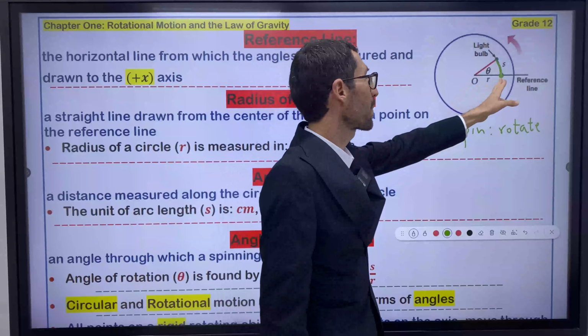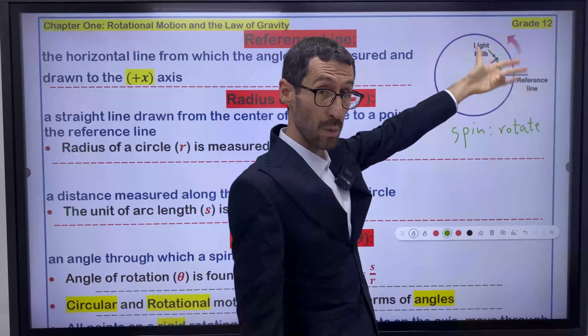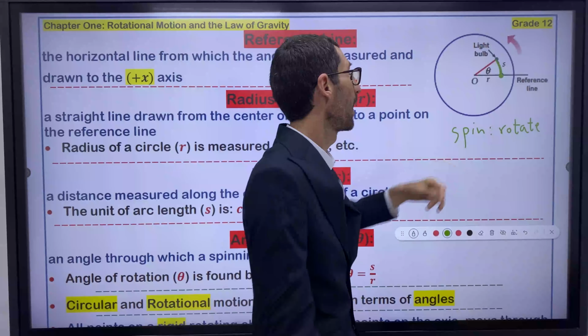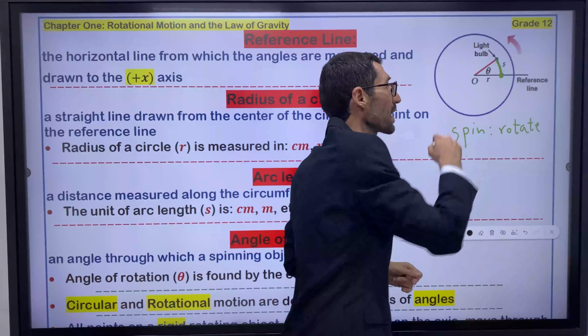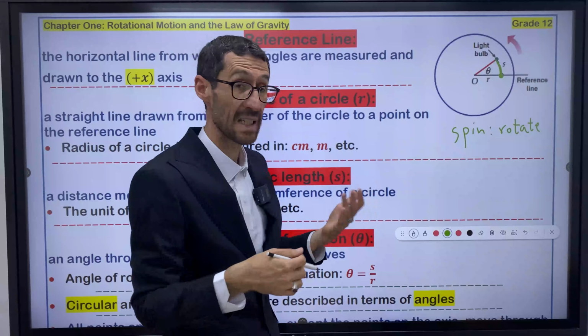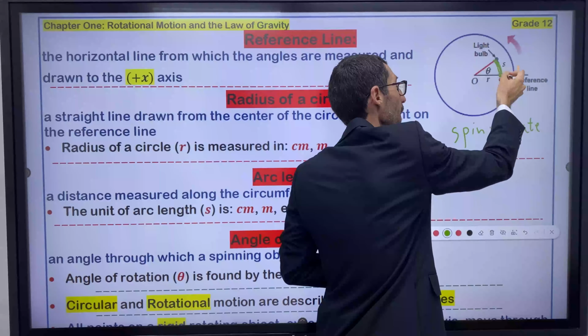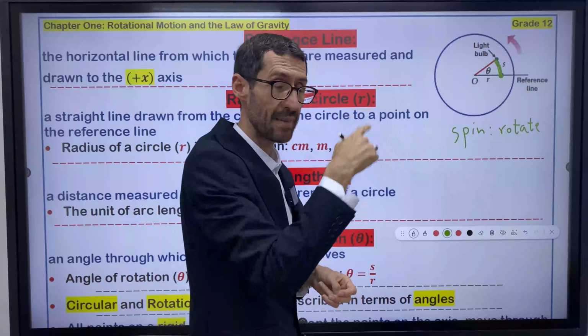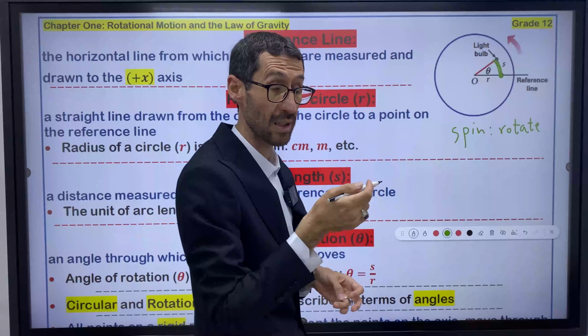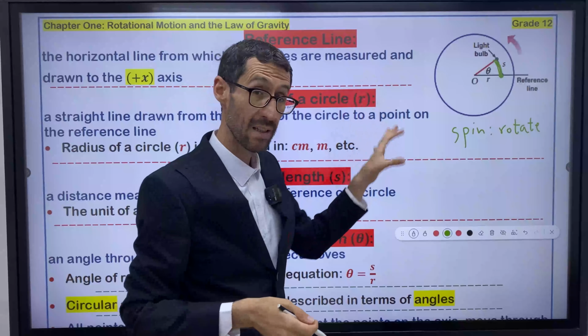So we have this point on a reference line, and I told you the reference line is the starting point, a zero level. The object travels an arc length, and the arc length is not a straight line. It travels a path along the circular path, a route along the circle.